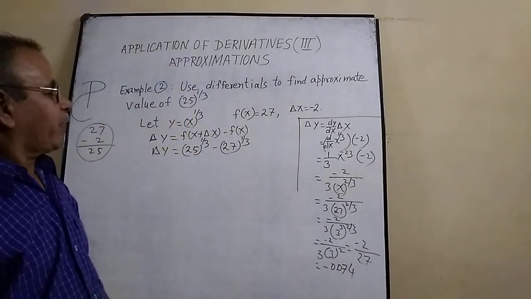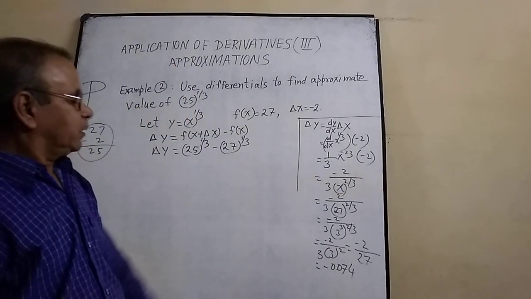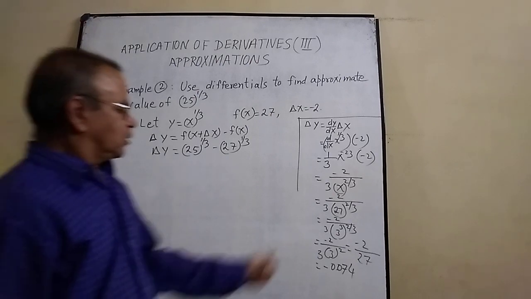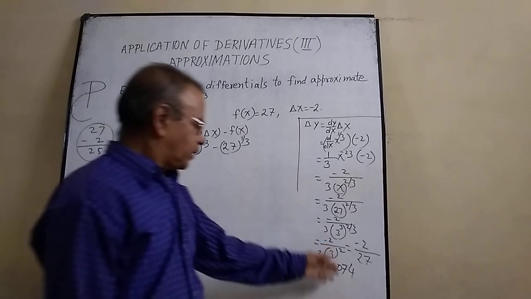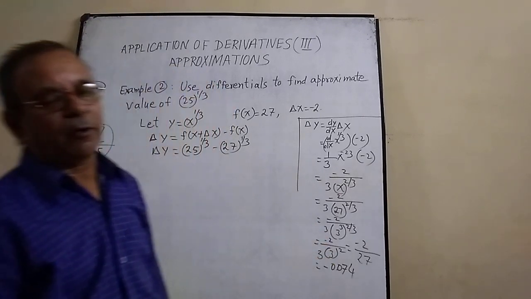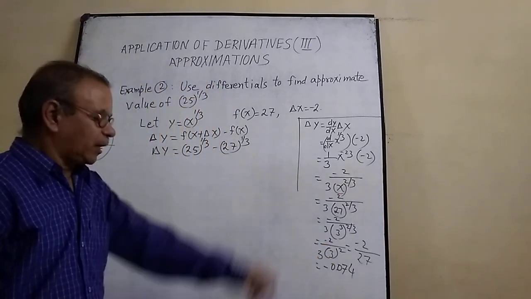What is the value of x? The value we have taken is 27. So 3 into 27 to the power 2 by 3, and it gives the value of minus 0.074 after this calculation.